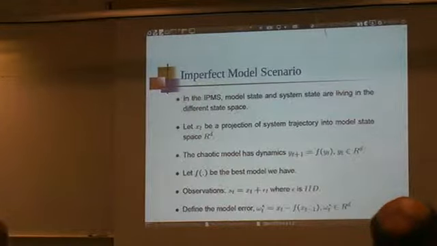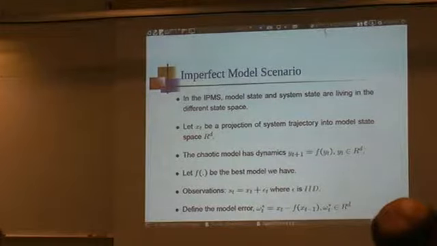Okay. So now let's move on to the imperfect model scenario. How can we deal with the realities? For the imperfect model scenario, usually the model state space and system state space are different.